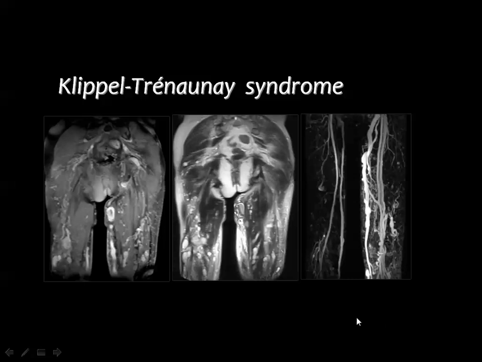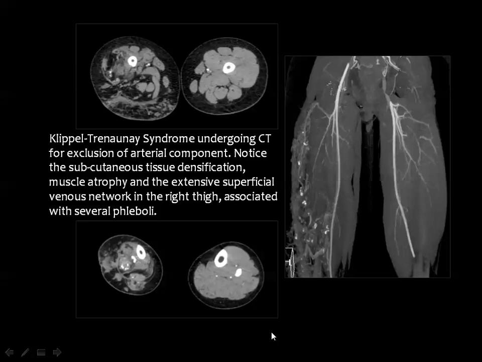And this is one of the cases where the main front of the disease is on the left side, but you can also appreciate minor changes on the right side.